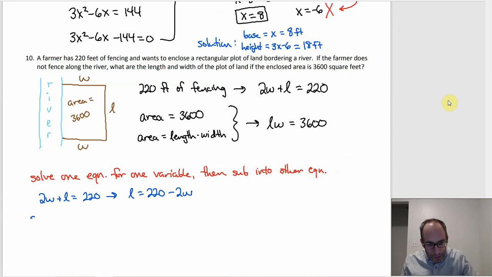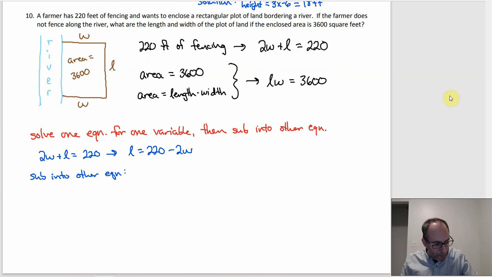But then if we sub into the other equation, so right now, I guess to start off with, we've got that L times W is 3,600, but then we're going to sub in and say that 220 minus 2W times W equals 3,600, right?